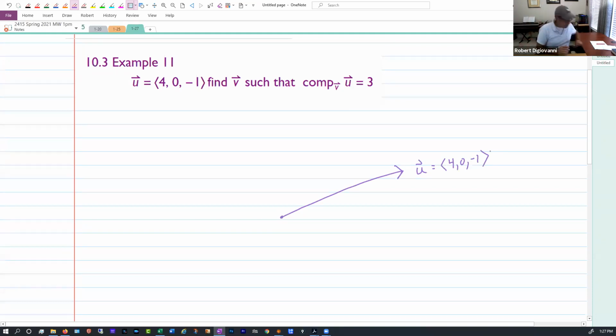So if you want, you can just imagine, there it is, a little Sharpie, just a vector sitting in 3-dimensional space, pointing somewhere. What you're trying to find is a vector v that when you project u onto v, so let me just draw a v.